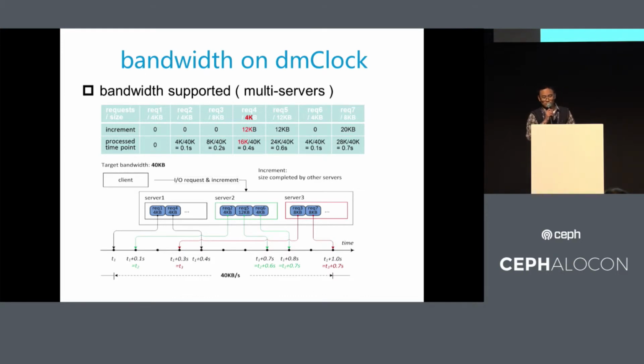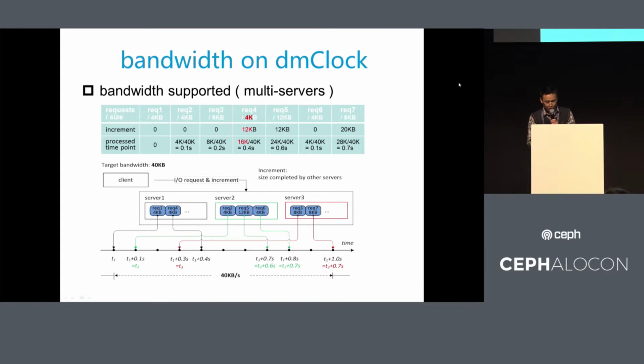Okay, let's see the distributed scenario. There are multiple servers now, so the incremental size should be taken into account. In this scenario, requests are randomly sent to different servers. Request 1 and request 4 are sent to server 1.